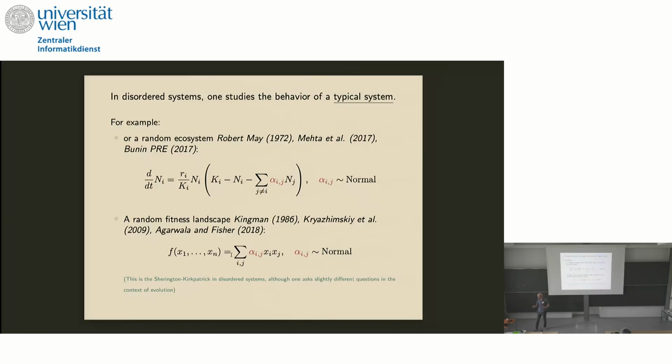So how changing a mutation on site i affects the fitness is going to depend on what is on the other sites through these interaction coefficients, and we take those to be random. In physics, they call this the Sherrington-Kirkpatrick model. But there are different questions that would be asked about it in the context of biology.